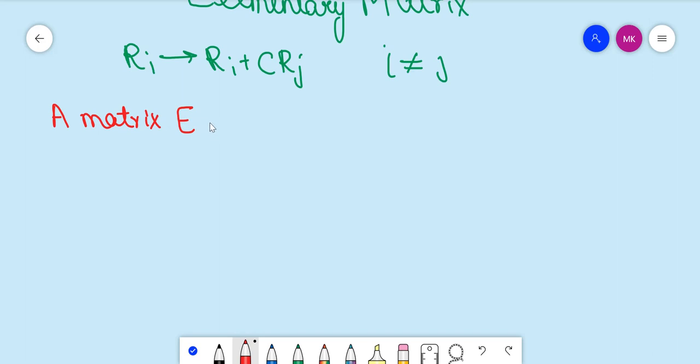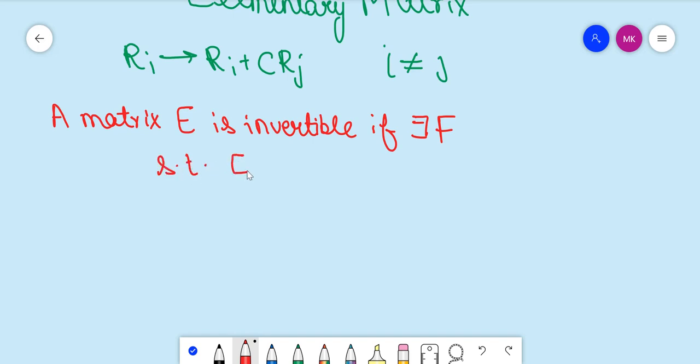So our elementary matrix is E. We can say it is invertible if there exists F, this is the symbol for there exists, F such that E times F is equal to F times E is equal to the identity matrix I. So this is what we are basically going to prove.